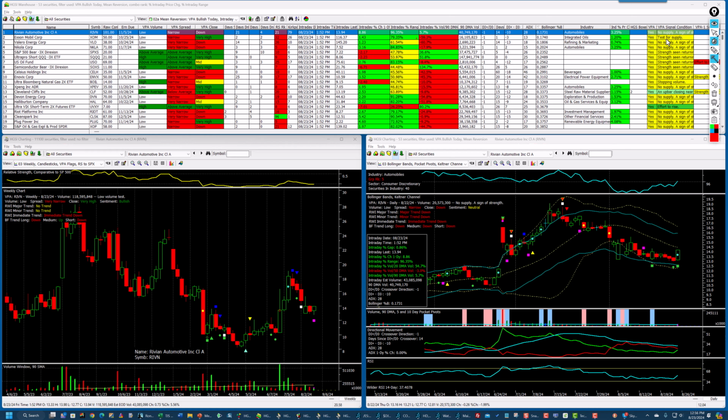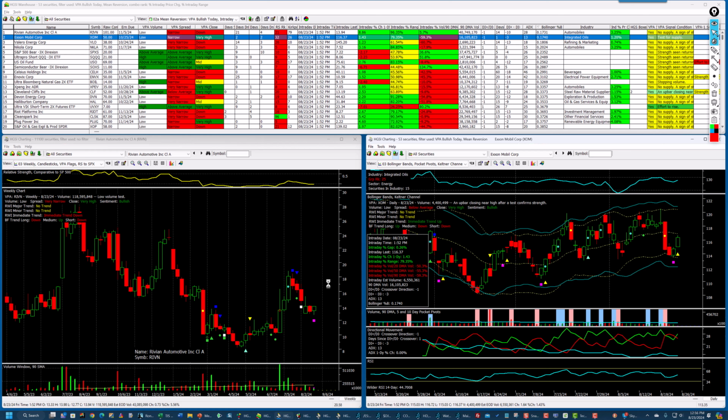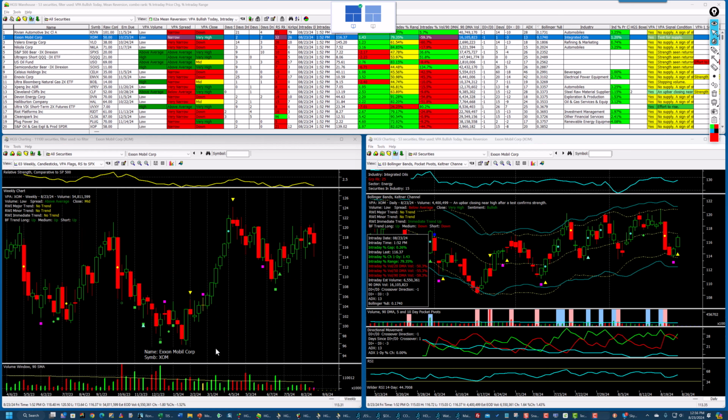Let's take a look. Go over here and activate the cursor. Let's take a look at Exxon, see what it looks like. It's actually been in an uptrend here. Recently it pulled back. Here we have a test and a confirmation of that test today.